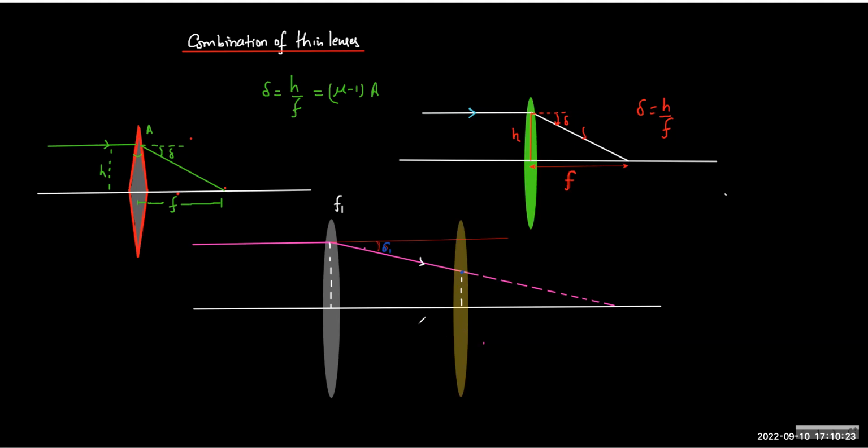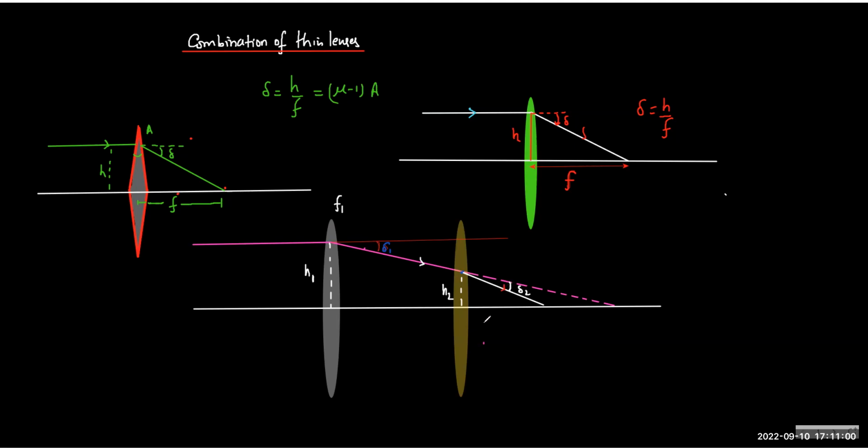It means h is 0, delta is 0. Correct? So when you hit at a height h2, as per the deviation rule, the new deviation suffered will be lesser. Understood? So this is deviation number 2. Is it clear? Are you getting the idea of deviation?